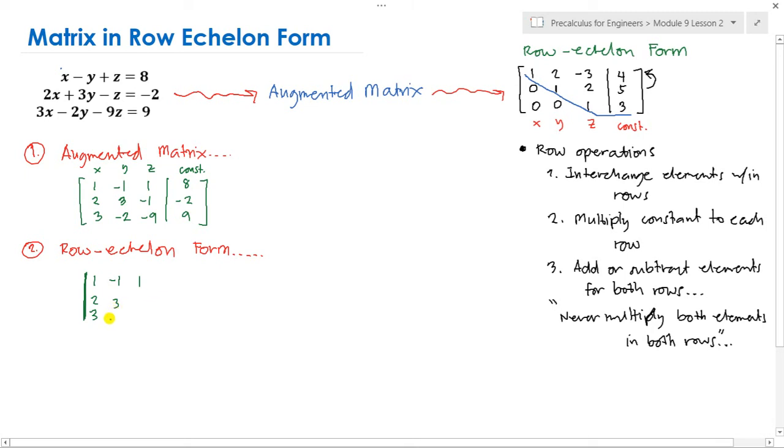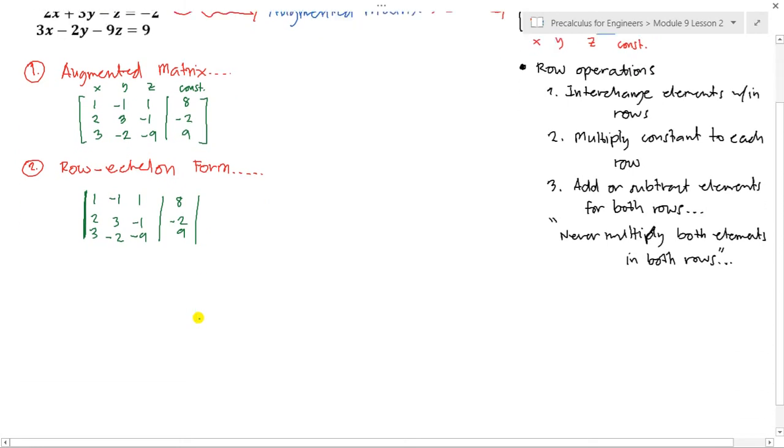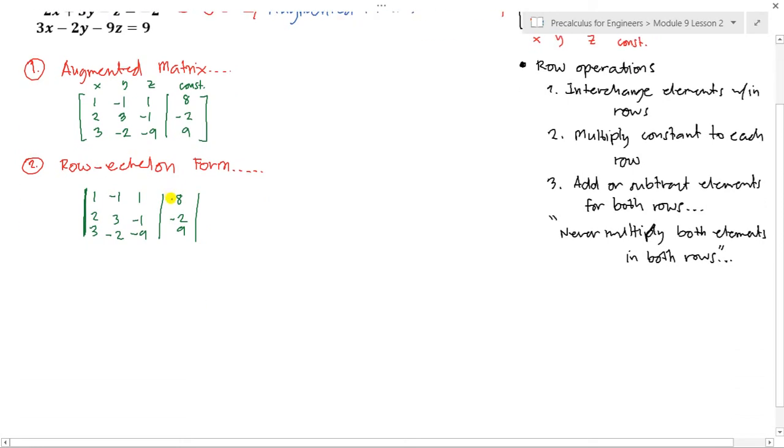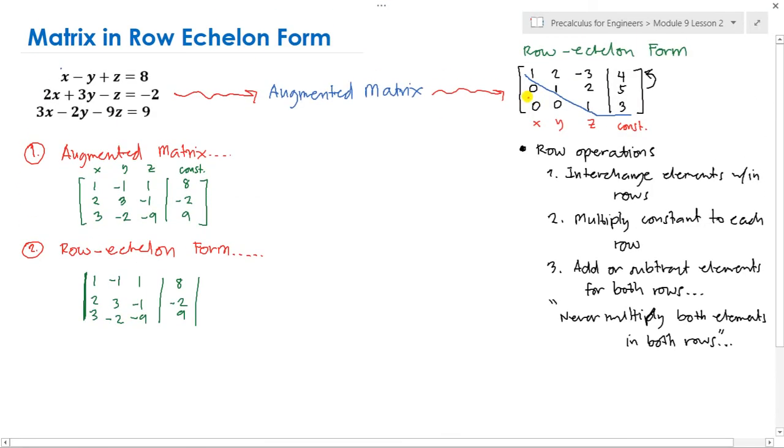The second row is 3, 3, negative 2, negative 1. The third is negative 9, then we have 8, negative 2, and 9. So the next goal is to make this a 0. Right? In row echelon form, the second row's first entry should be 0.